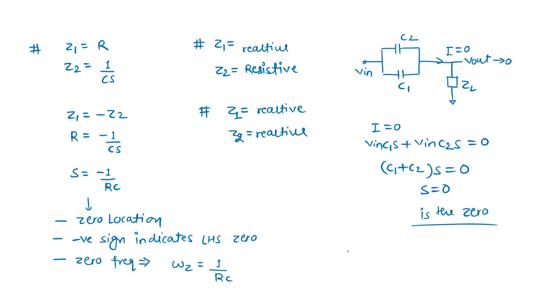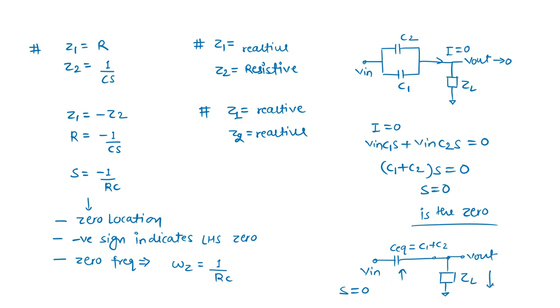Why did it happen? Because we have two paths visible, but what we see effectively there is one capacitance only. The C equivalent is nothing but C1 plus C2, and for this case, when the frequency is 0, this capacitor is open circuit, so input is not connected to the output.